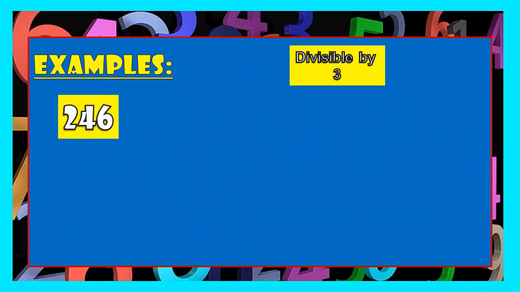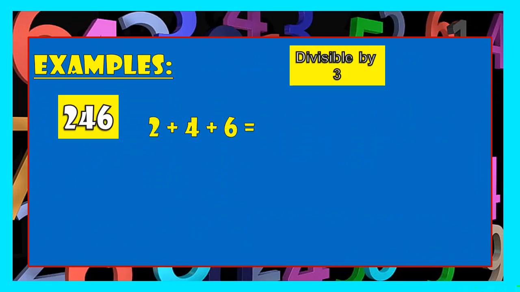You're correct. It is 246. Is this number divisible by 3? So according to the rule, a number is divisible by 3 if the sum of its digits is divisible by 3. So is it divisible by 3?